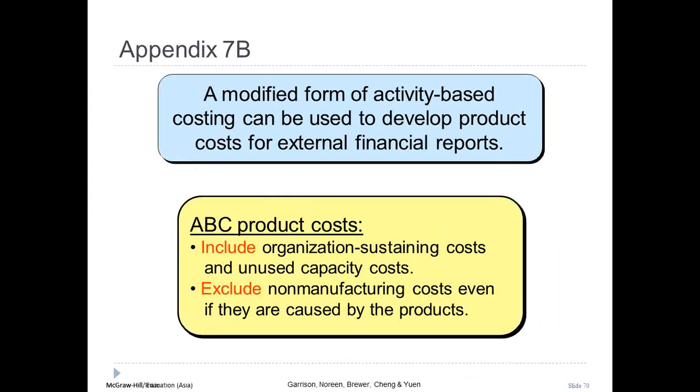A modified form of ABC costing can be used to develop product costs for external financial reports. In this approach, ABC includes all manufacturing costs such as organization sustaining costs and unused capacity costs in the product costs. Also, ABC excludes all non-manufacturing costs, even if they are clearly caused by the products.